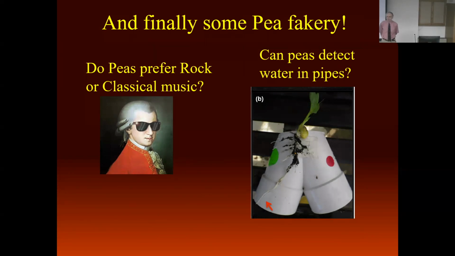Used to be a very popular program on TV where they investigated claims. I haven't seen it recently, but Mythbusters wanted to know whether plants preferred rock or classical music. So they put the peas in the greenhouse, and in one greenhouse they played rock music, in the other one classical music. Then they took the plants out. Both plants looked absolutely miserable.